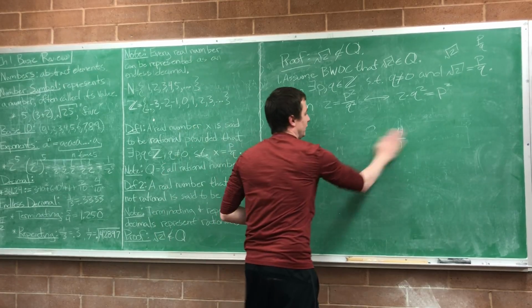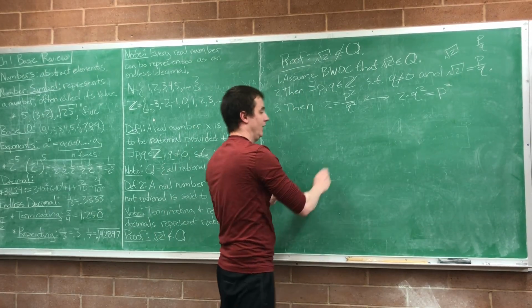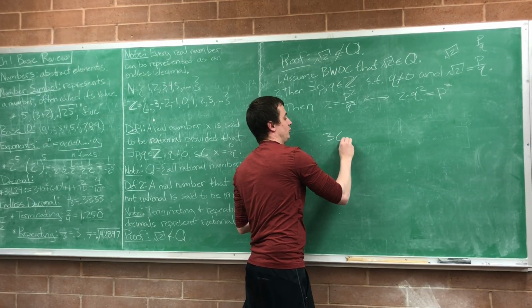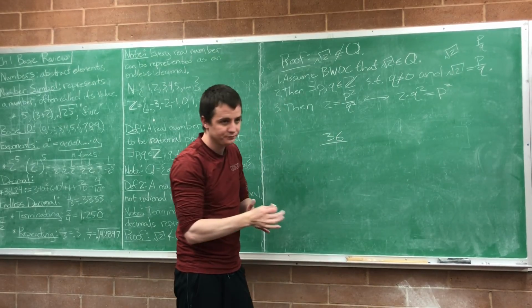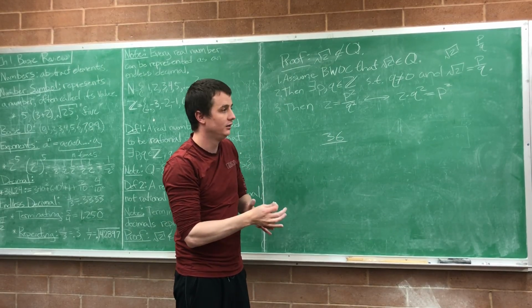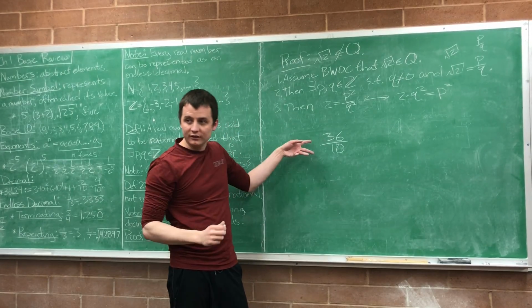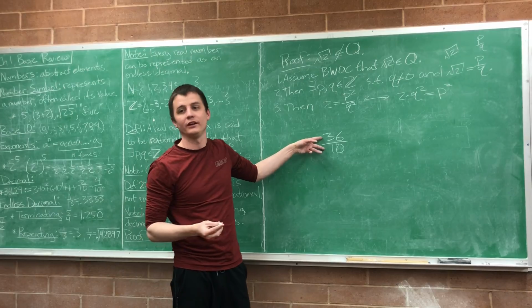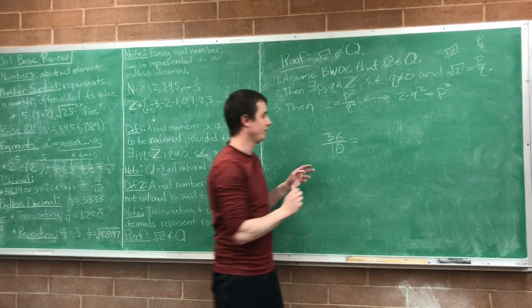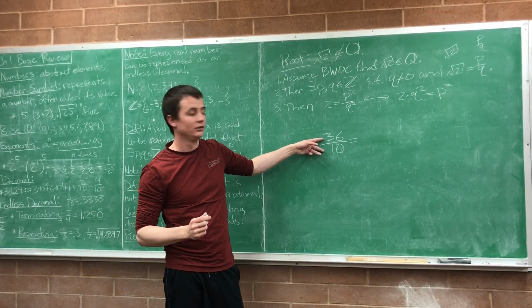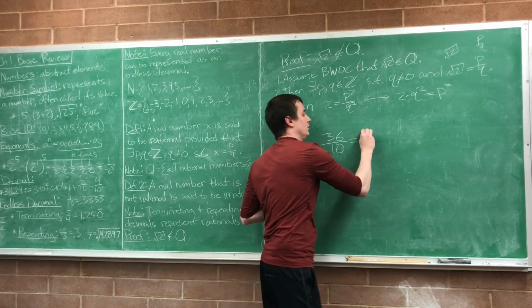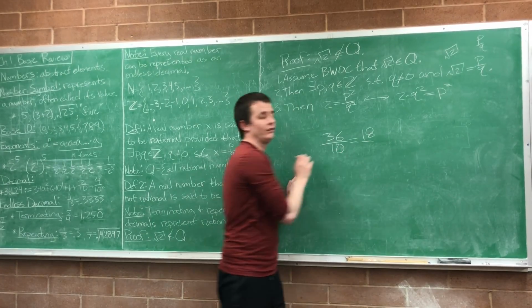Let's do one more just to make sure that we're clear on this. Let's do 36 divided by 10. Is that an even over an even? Then I can reduce it. What can I reduce it to? 18 over 5. Yeah, 36 divided by 2 is 18. 10 divided by 2 is 5.